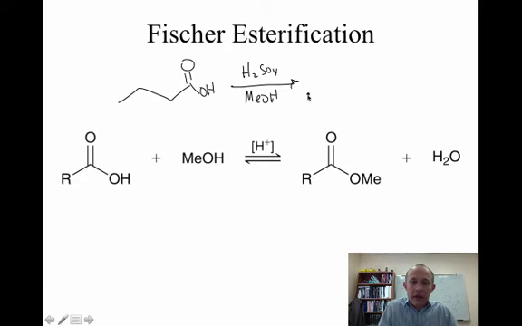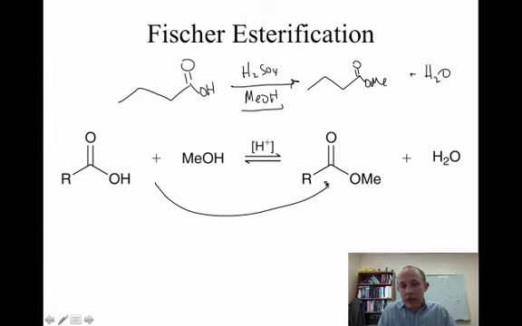And what we get is an ester. This hydrogen combines with this OH to give a molecule of water. This is an equilibrium, and so we can shift the equilibrium from the carboxylic acid to the ester by using methanol as a solvent in a large excess, which pushes the equilibrium in this direction.